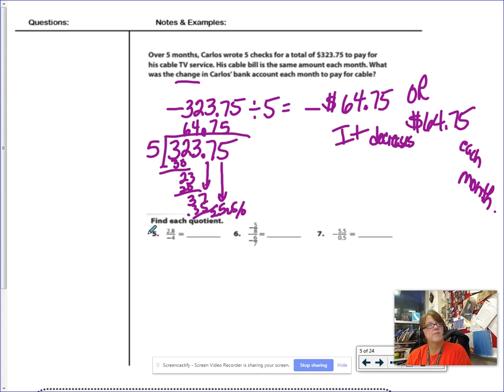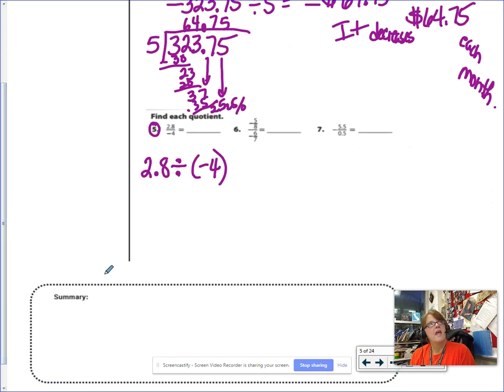All right, take a look at number 5. It looks totally strange to have this written as a fraction. So I say rewrite this in good old-fashioned division sign method. And then first decide on the sign of your answer. Different signs, negative.